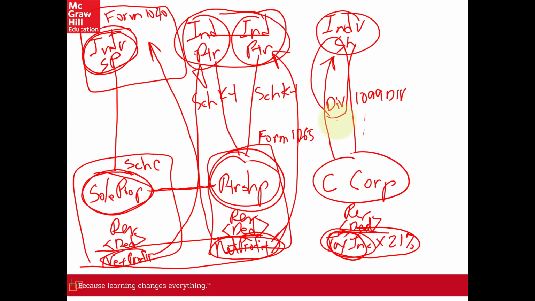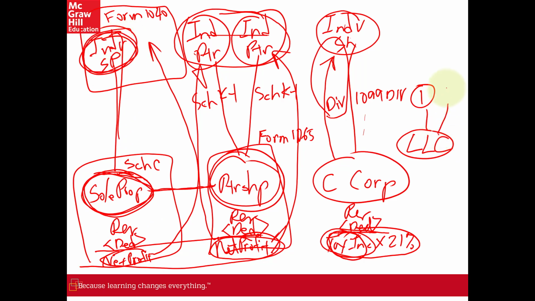Another type of business entity that you hear about a lot, probably more common than other types, is a limited liability company. If the limited liability company just has one owner, for tax purposes we generally treat that LLC as a sole proprietorship with one owner.